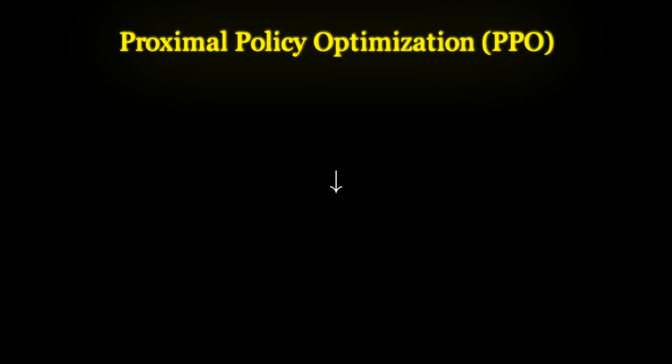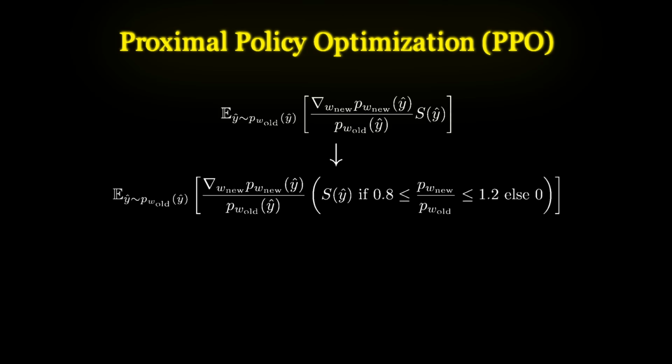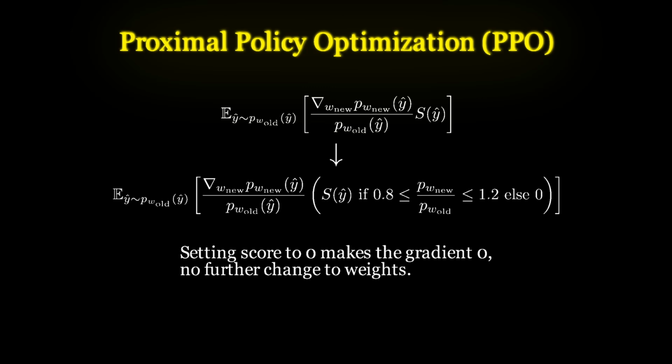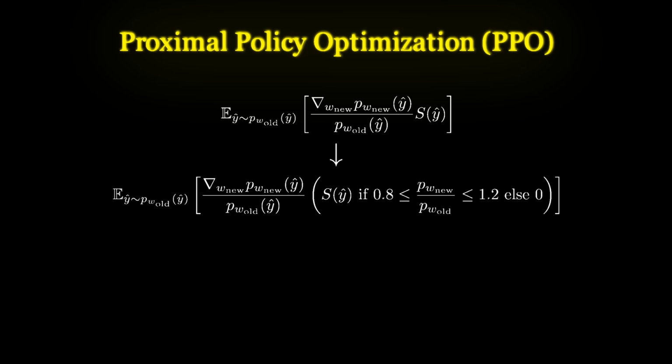One way to achieve this is to set the score to 0 once the probability ratio falls outside of the allowed range. This will prevent any further change to the new probability. But this has the limitation that once the new probability falls outside of the allowed range, it just stops learning completely. PPO does something slightly more clever.